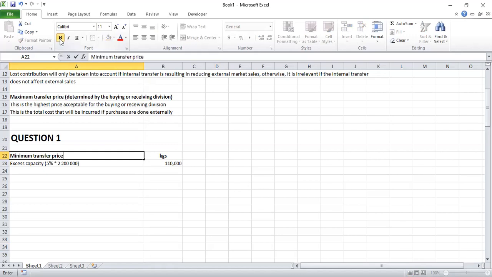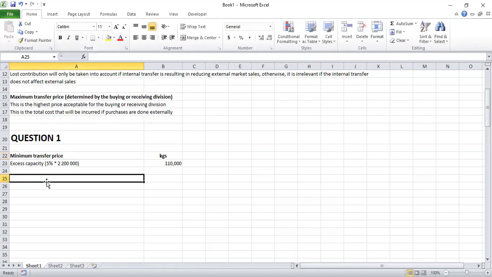They'll be able to satisfy their external market and give up to 110,000 kgs to the cappuccino division without a problem. But the moment the cappuccino division wants more than 110,000 kgs, there will be a problem.